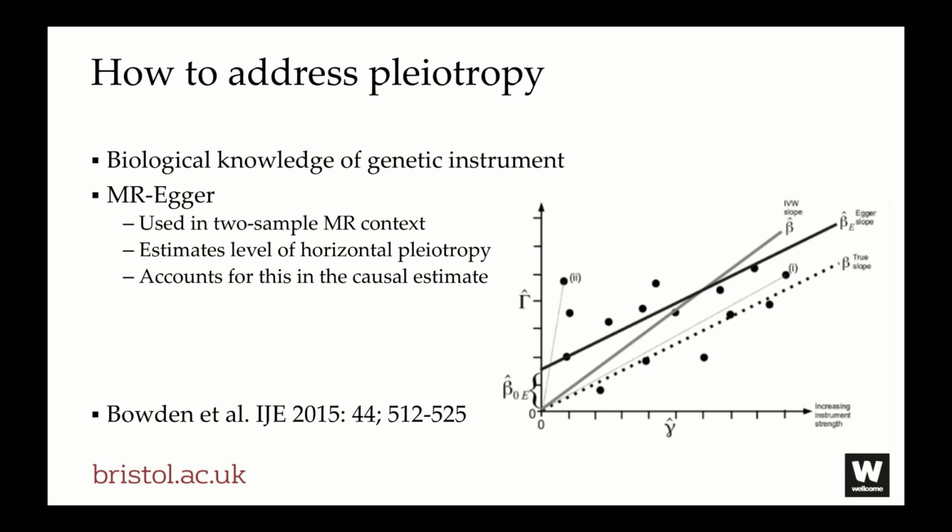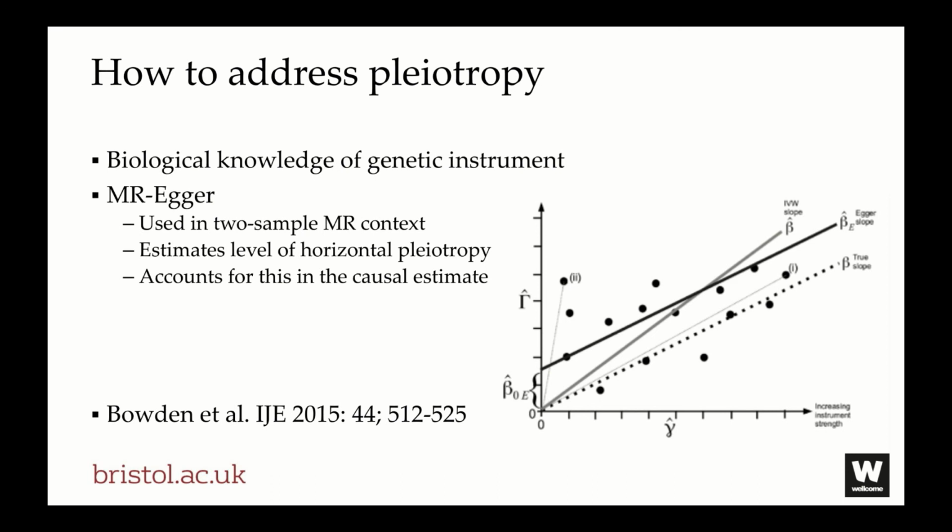This is the true slope here that is the causal effect of our exposure on our outcome. And you can obviously see if you had individual SNPs, say this one and this one, the causal effects that we would get from those would be wildly different. So having more, in this case, is helping.